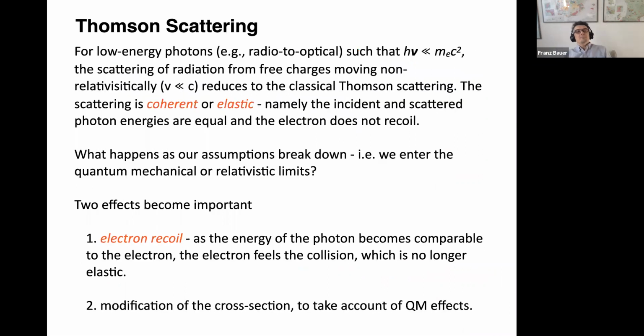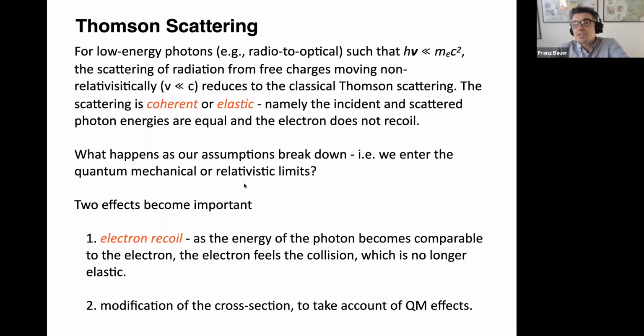So a few other sort of things to think about here. For low energy photons, h nu is much less than the rest energy, and this works fine, right? So we have v much less than c, and we reduce to the classical Thomson scattering. We consider this scattering coherent or elastic, because the incident and scattered photon energies are equal, and the electron doesn't recoil.